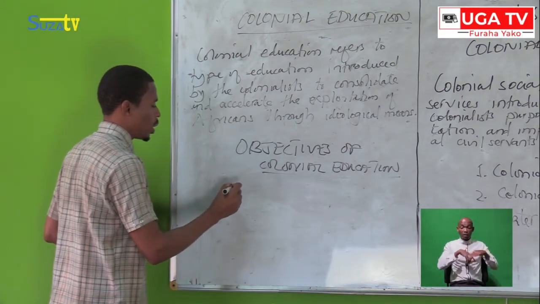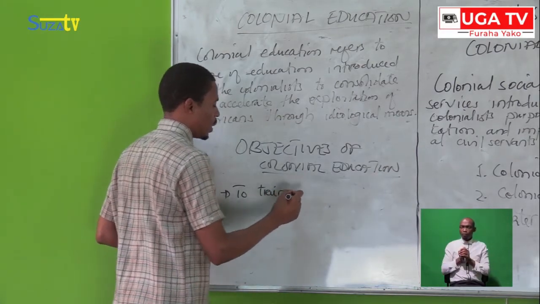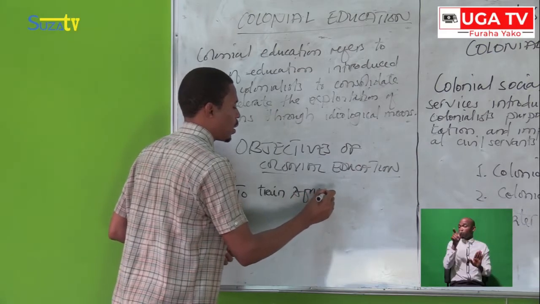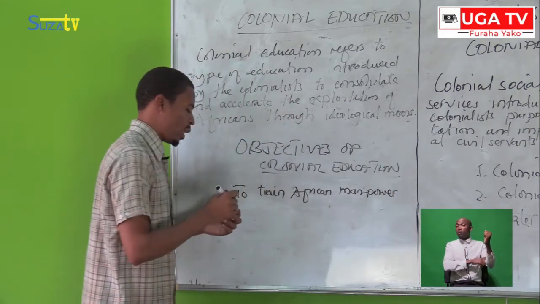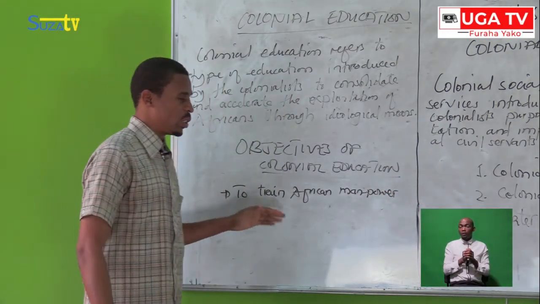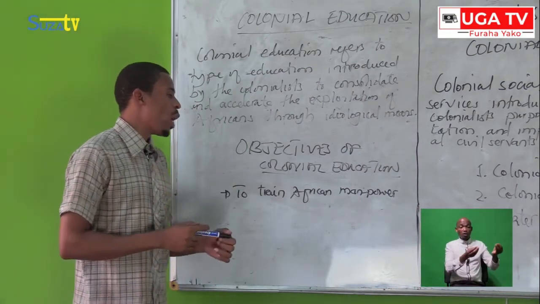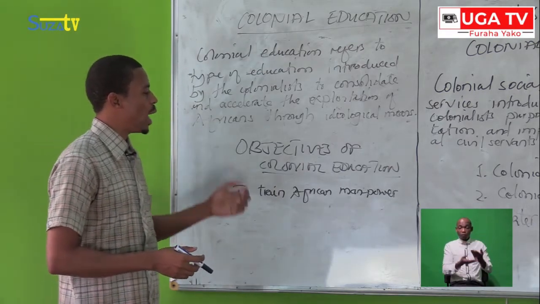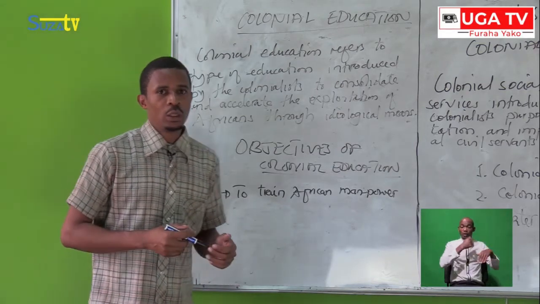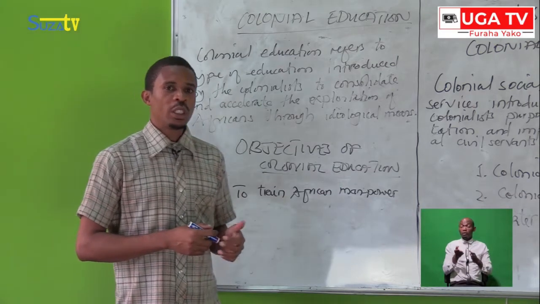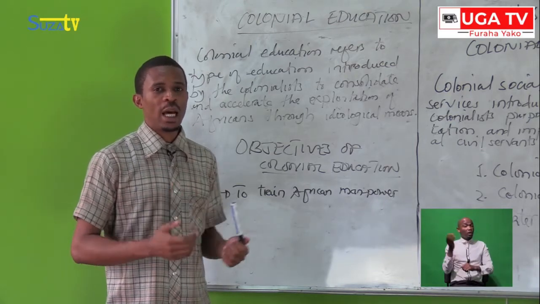So one of the objectives of colonial education was to train African manpower. These Africans who attained colonial education helped the whites in performing some duties in Africa. The positions held by some Africans during the colonial era were clerks.